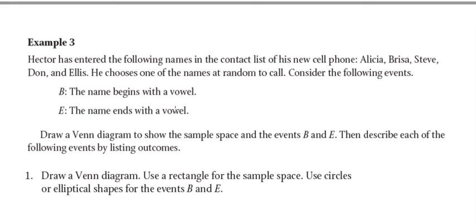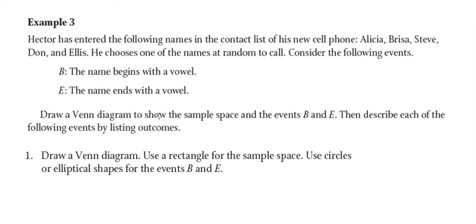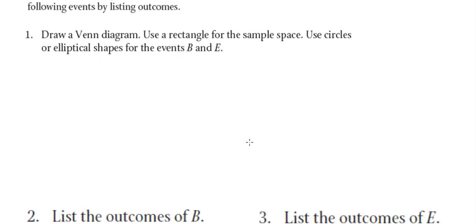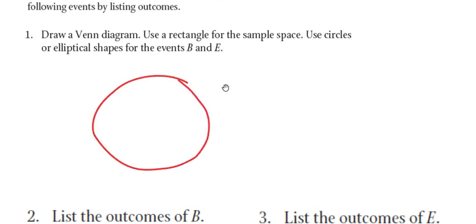E, the name ends with a vowel. So it says draw a Venn diagram to show the sample space and the events B and E, then describe each of the following events by listing the outcomes. It says use a rectangle for the sample space, use circles or elliptical shapes for the events B and E. So it's basically just saying create a Venn diagram here.